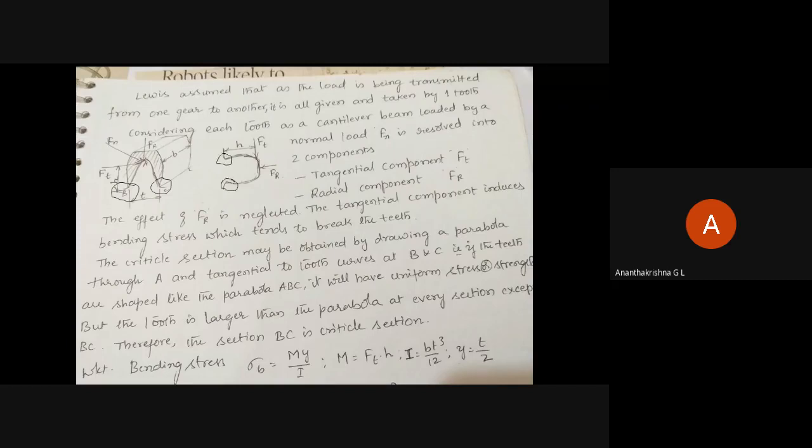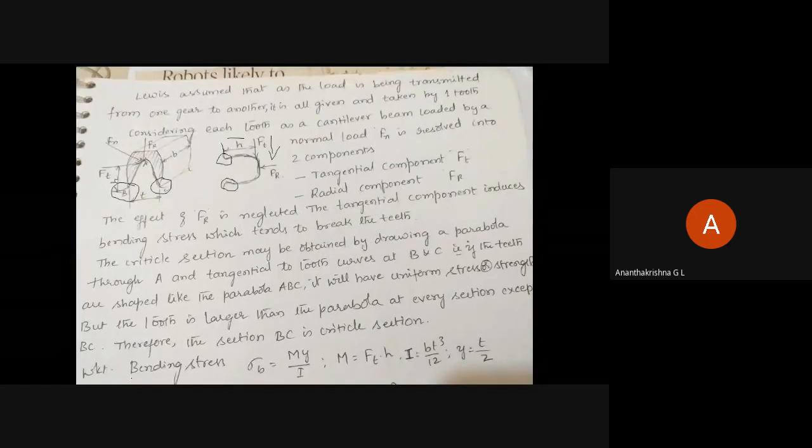So this Ft, the tangential tooth load, is at a distance of h from the root circle of the gear teeth. This force into perpendicular distance will induce what type of stress in the component? Force into perpendicular distance is moment.